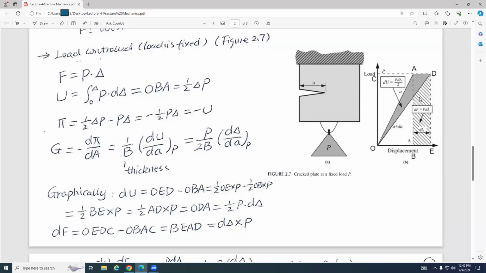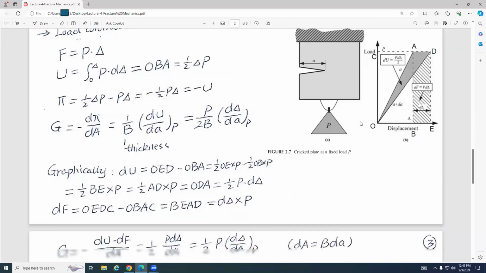One more time, I want you to know about load control and displacement control. We want to establish the relationship between crack length and deflection. If the crack length increases, what happens to the specimen?